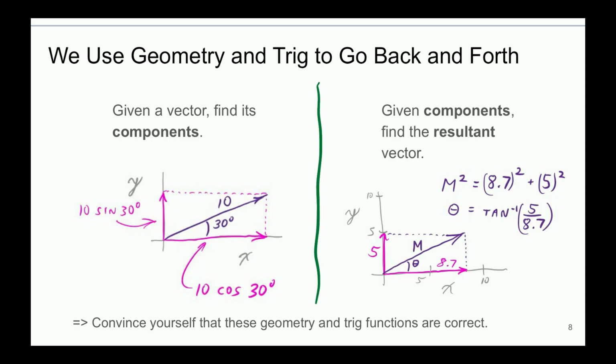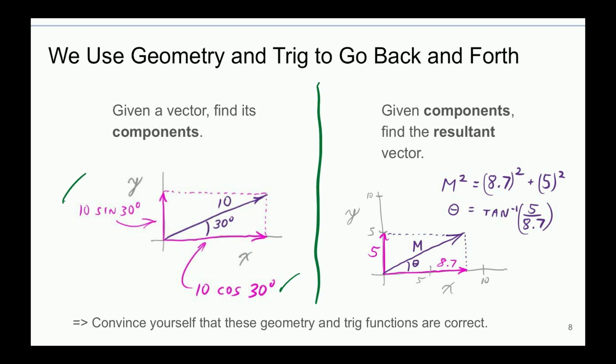Here I use trig, and I'll let you look at that example. You've probably practiced this before. If it's not familiar, convince yourself through your knowledge of trig that this is correct, that I can find the components using those equations.